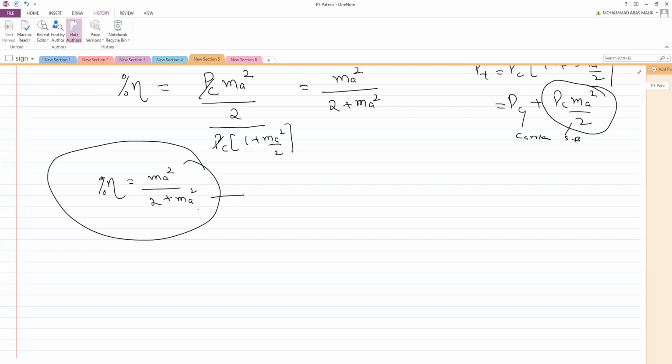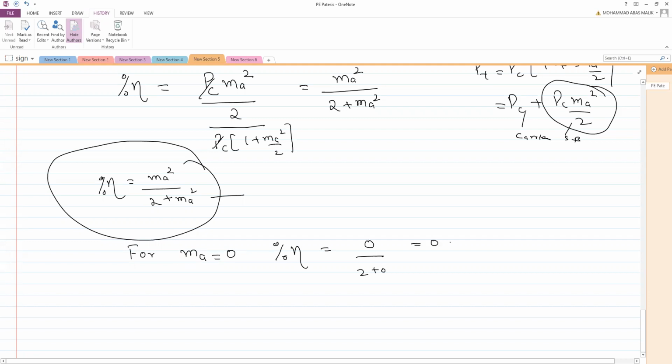Now, suppose MA is 0. What will be your percentage modulation? Can anybody tell me? Put the value 0 divided by 2 plus 0 square, which is 0. Percentage efficiency is 0%. That means sideband power will be 0% of the total power and carrier power will be 100%.